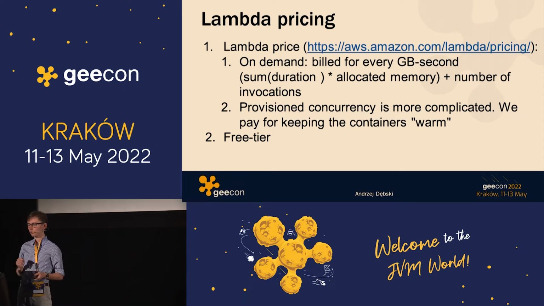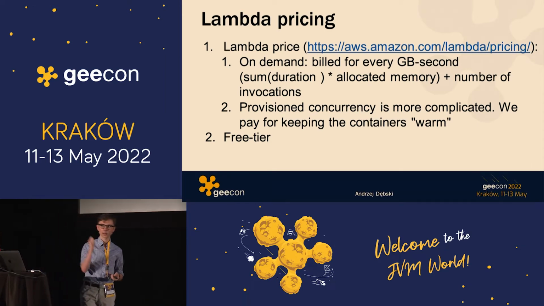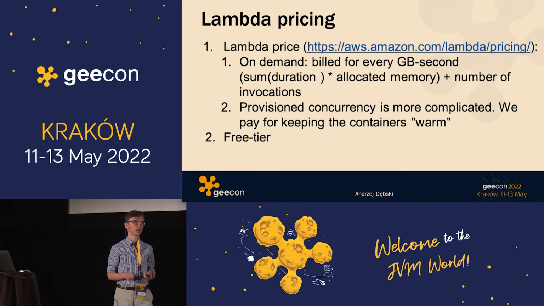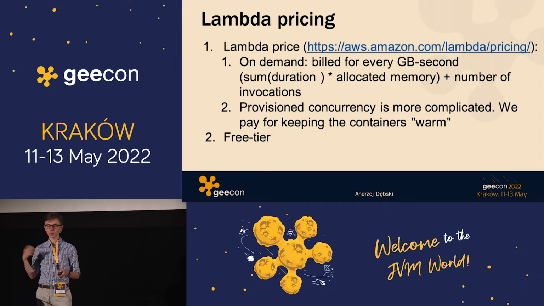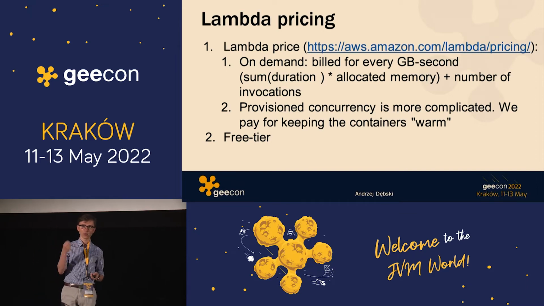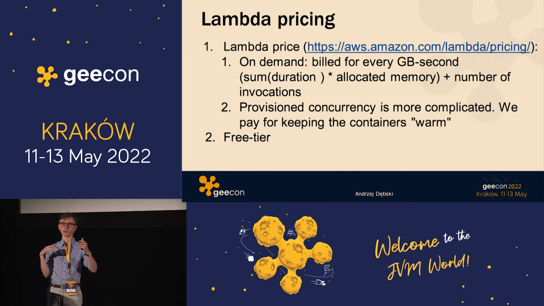The last thing I want to mention about pricing is the free tier. This is a monthly allowance for on-demand instances of Lambda, and for free you have 1 million invocations and 400,000 gigabyte-seconds. And one does not cancel the other.